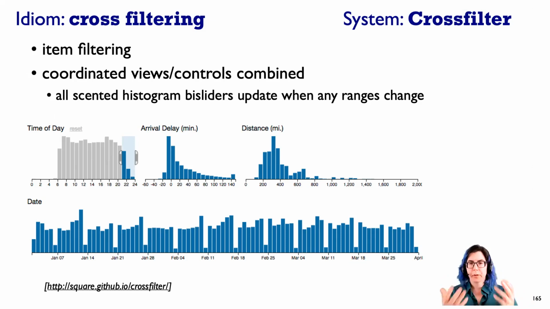Remember we talked about scented histograms in a previous snippet, where there are these sliders to control ranges, and you can actually see on the sliders the histogram of what the distribution is. And as soon as you move these sliders, all the rest of the views immediately update, because what got filtered out are all the parts that are not in range of the slider where you made a selection.